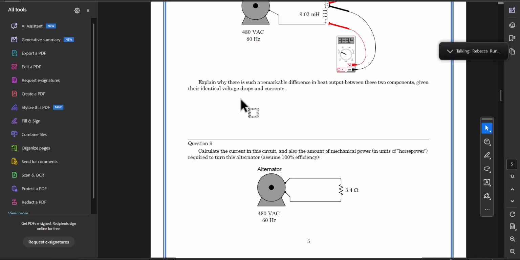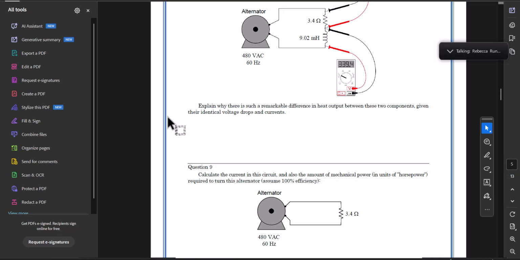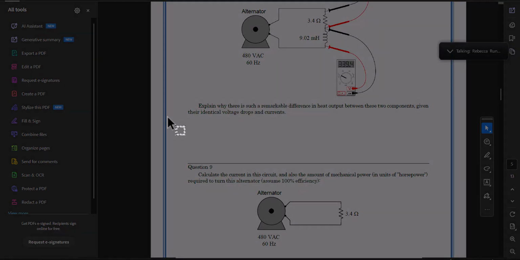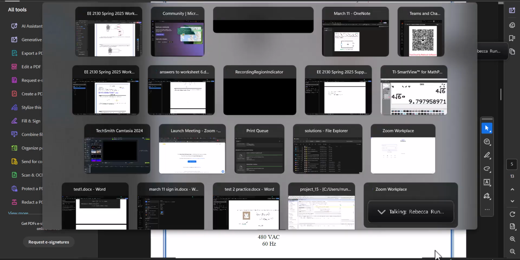Assume 100% efficiency. Okay. So we know that the voltage here is 480 volts AC, and our frequency is 60 hertz.